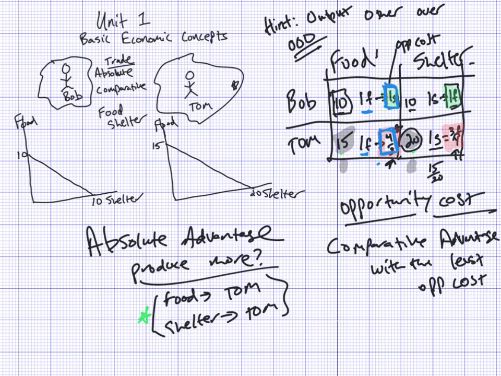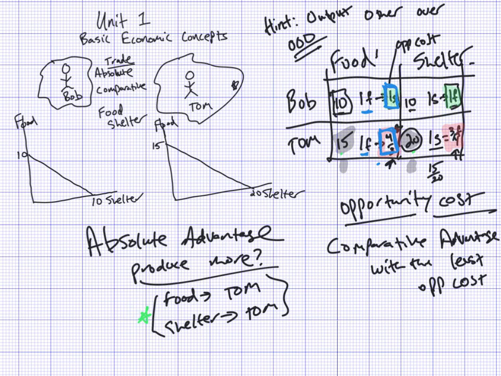Let's give Bob a chance to do it. Bob makes some food. So he made one food. What did he have to give up, or what couldn't he do as a result of that one food? Make one shelter, right? But Tom, on the other hand, in order to make that one food, he had to give up 4/3 of a shelter.